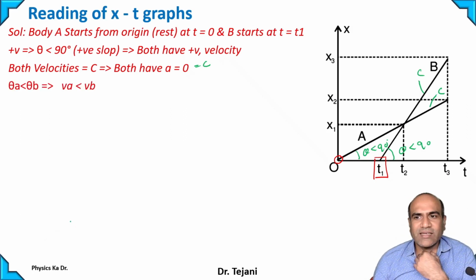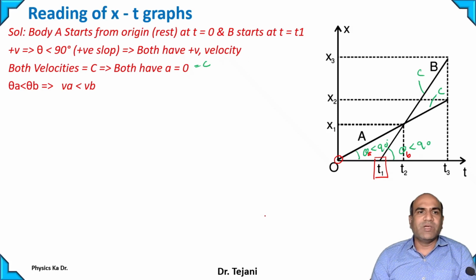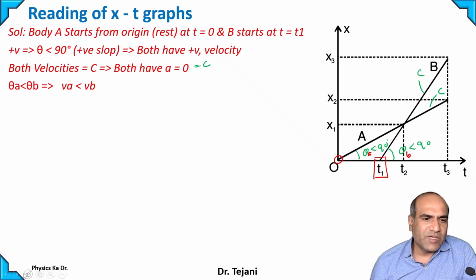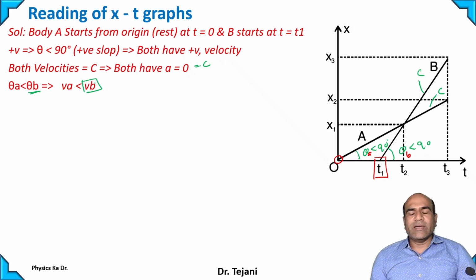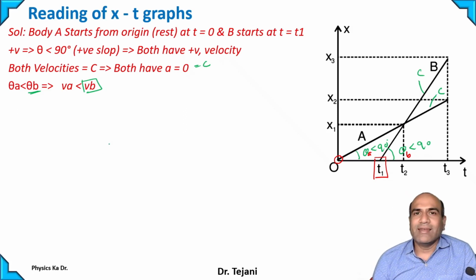Next is angle of B. If we compare angle of A with angle of B, which angle is bigger? Theta B is bigger, theta A is smaller. That means if the angle is bigger, velocity is higher. So line B shows higher velocity compared to line A.